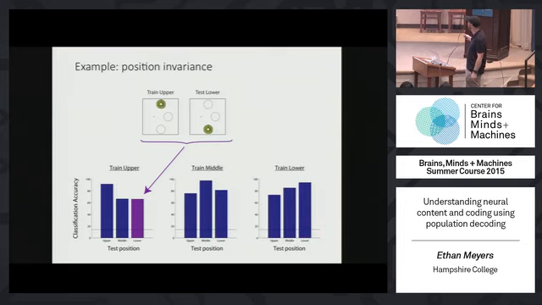Here, if we train at the middle, we get the best decoding performance when we decode at that same middle. But again, it's generalizing to the upper or lower locations. And the same for training at lower. We get the best performance testing lower, but it, again, generalizes. OK, so if you wanted to just conclude this one mini study here, information in IT is position invariant, but not 100%, right? OK.